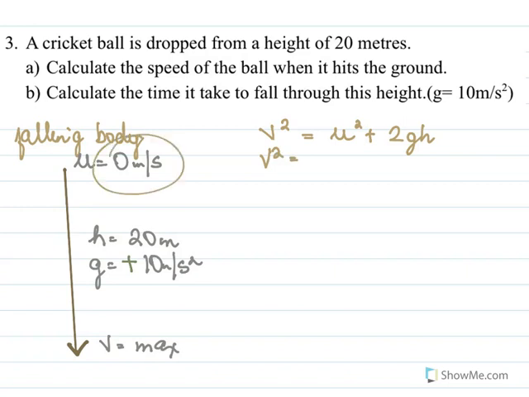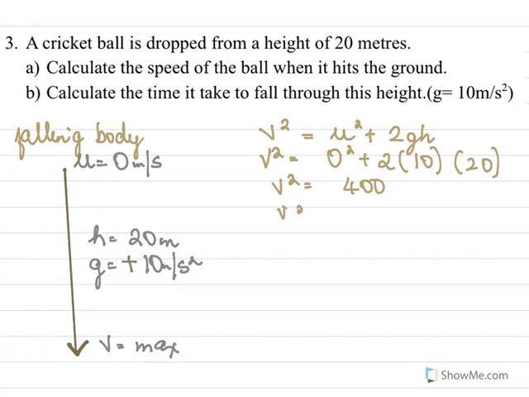U square is 0 here. So 0 plus 2, your G is plus 10, and your H is 20. So V square is here 400. So V will be under root of 400, which is 20. So V is 20 meter per second.